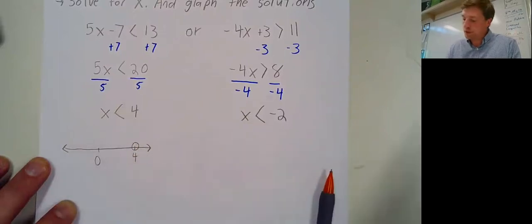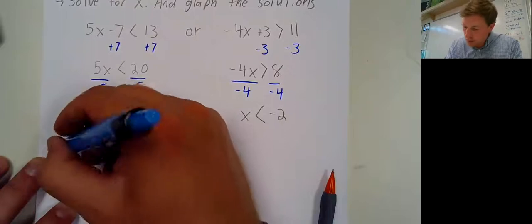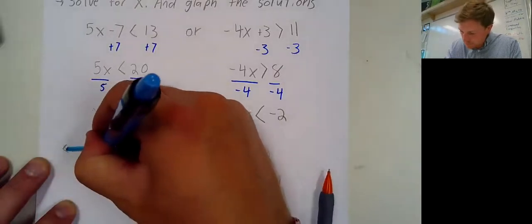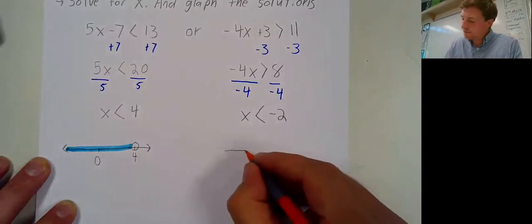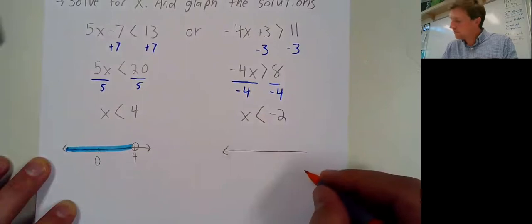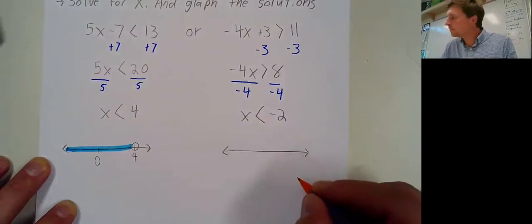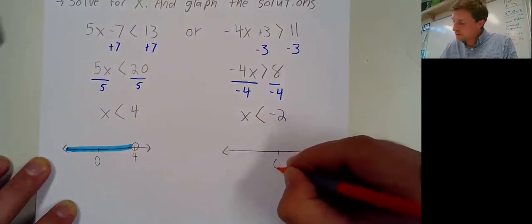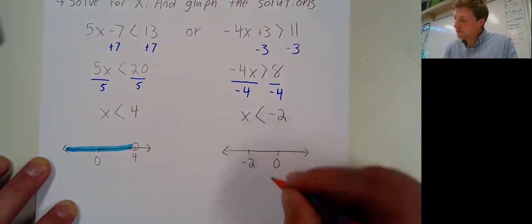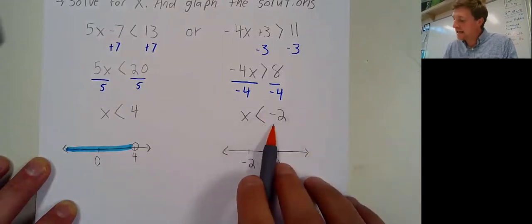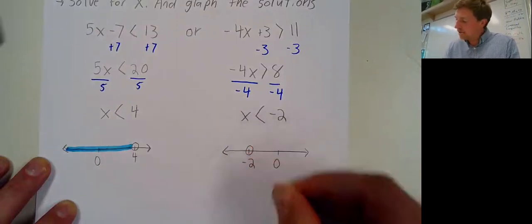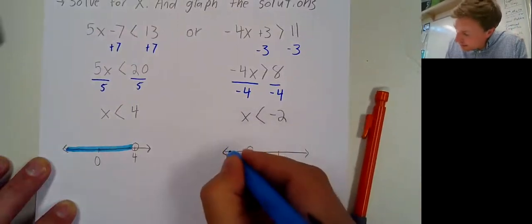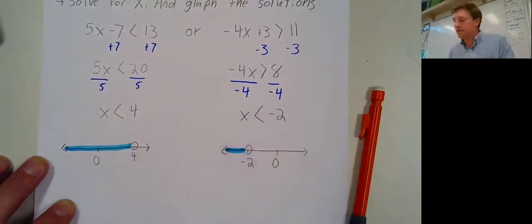So everything below 4 is going to work for us. And same thing over here. Zero, negative 2. X needs to be less than negative 2. So all the values below negative 2 will work. Negative 3, negative 4.